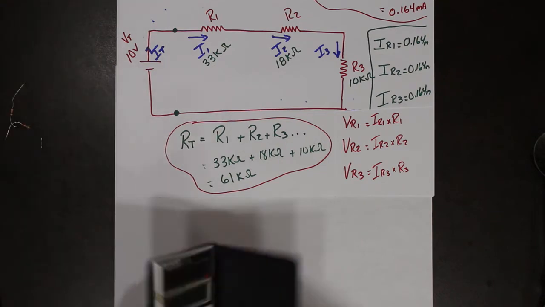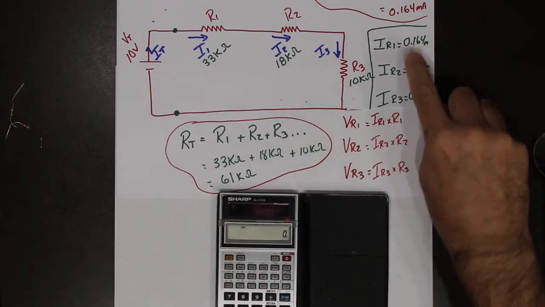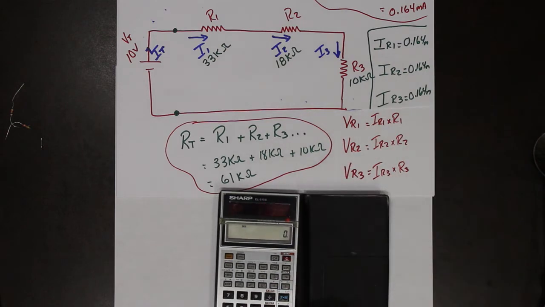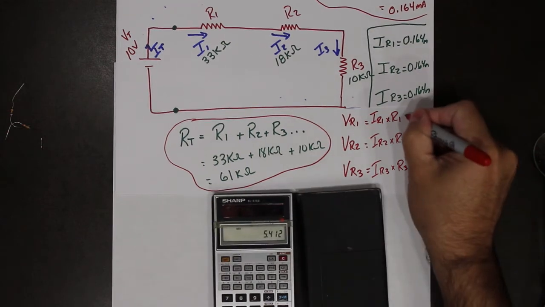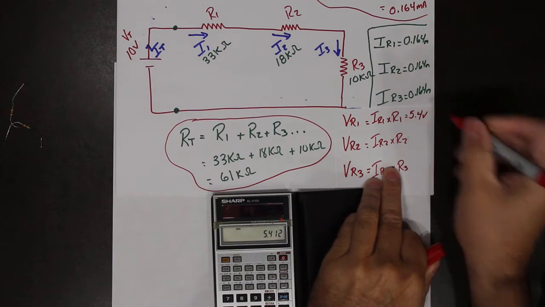So if we pull out our calculator, we know that all the currents are the same. We're going to say 0.164 times 10 to the minus 3, so that is milliamps, times 33K equals 5.4 volts. So the voltage drop across R1 is 5.4 volts.